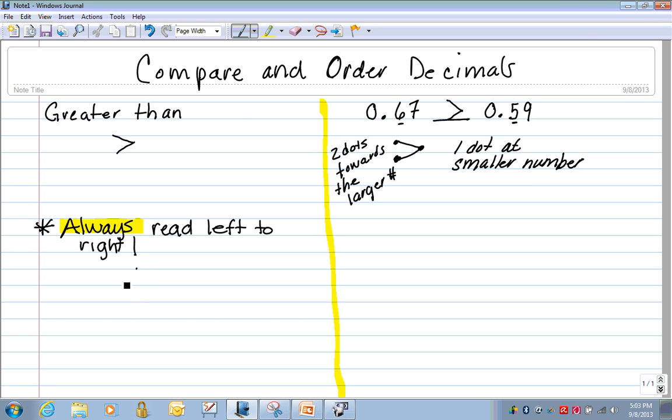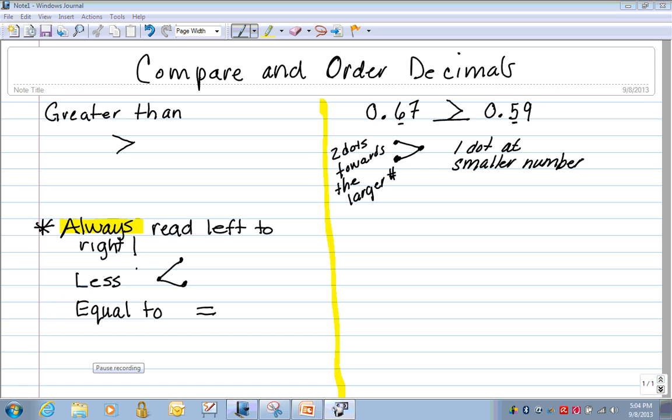Less than, the symbol for less than looks like this. And a number word for comparing that we're going to talk about is equal to. And of course here is our equal sign.